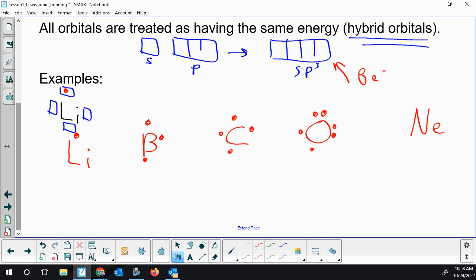Last, when we get to a noble gas like neon, it's group 8A and has 8 electrons. 1, 2, 3, 4, 5, 6, 7, 8. Okay. The 4 pairs are all filled up. Neon is nice and stable. It has a full outer energy level. It doesn't have any single electrons that it wants to pair up to stabilize itself.